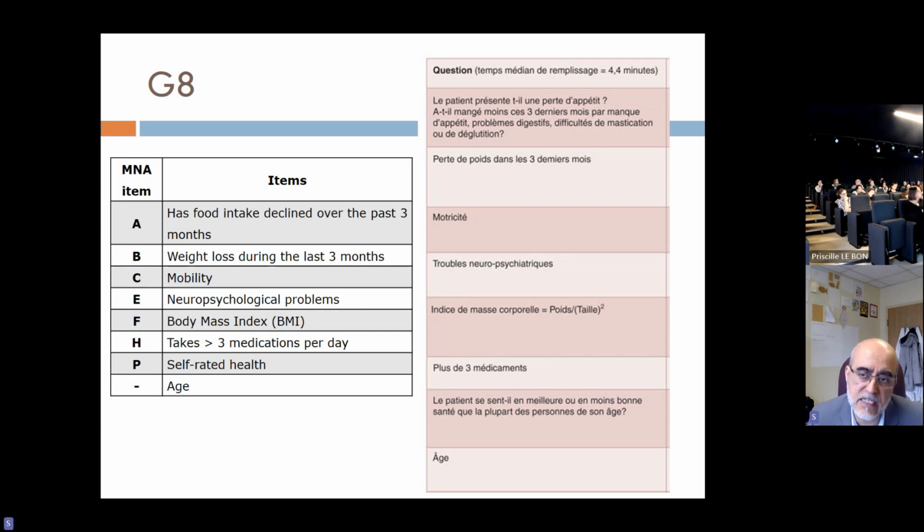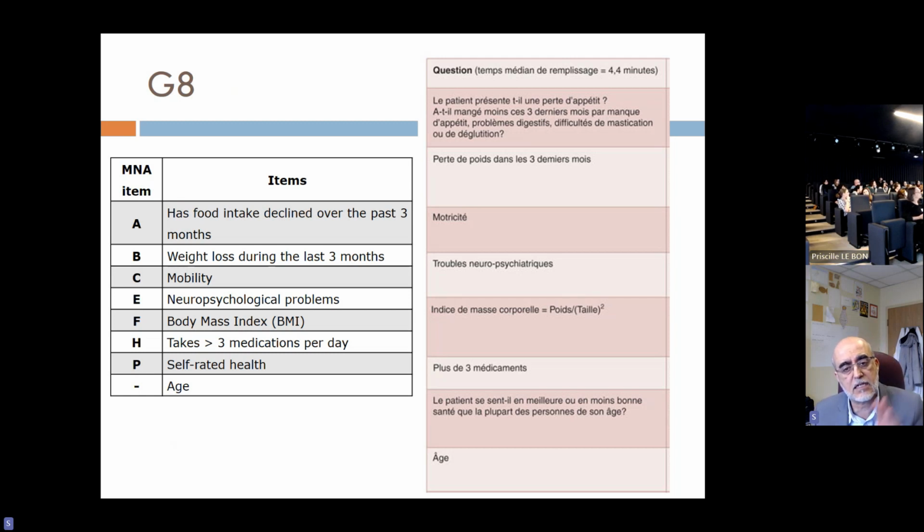There are 8 items in the G8, in English on the left and en français on the right. The questions include decreased intake of food, weight loss, mobility, neuropsychiatric problems, the body mass index, taking more than 3 medications each day, self-rated health, and an item on age.